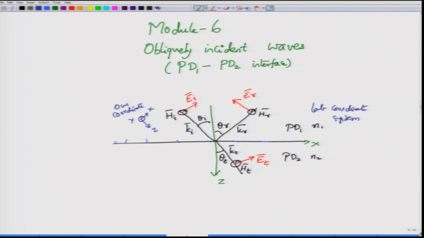Why? Because the incident k vector, denoted by k I here, has both a component along z as well as a component along x. So, this seems to be needlessly complicating our problem, because if we could go to our coordinate system, then k I will be along the z axis, whereas in this case it is slightly complicated.